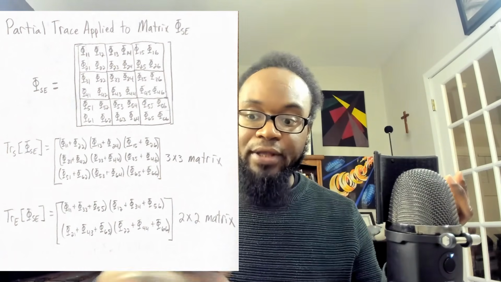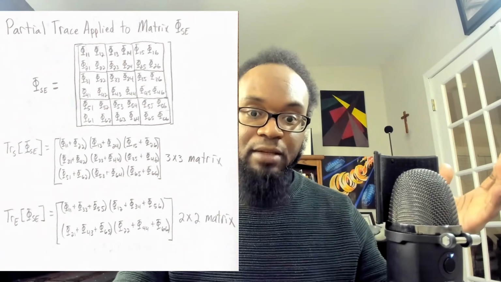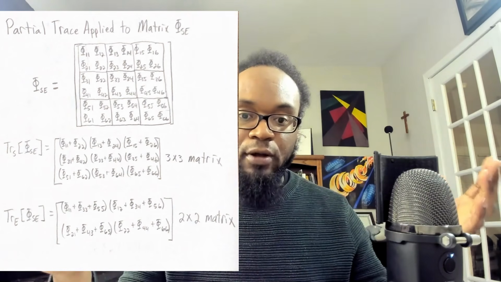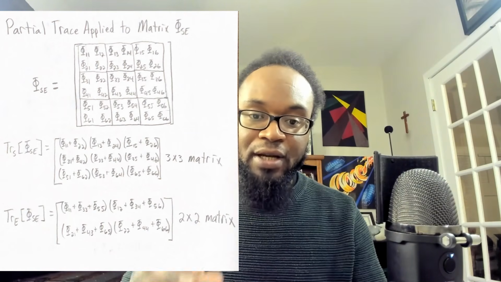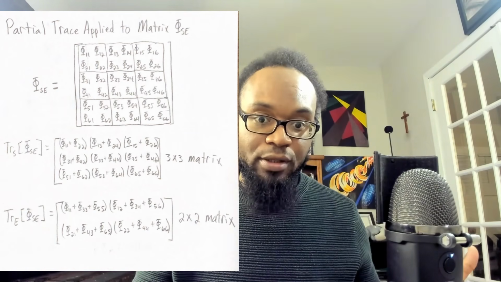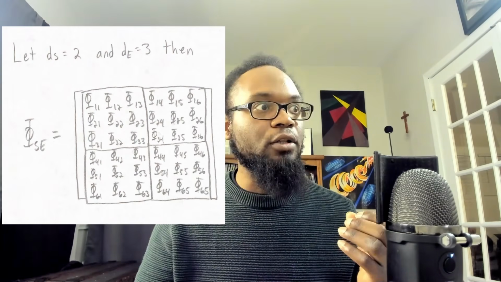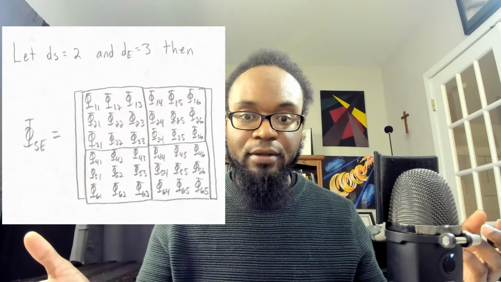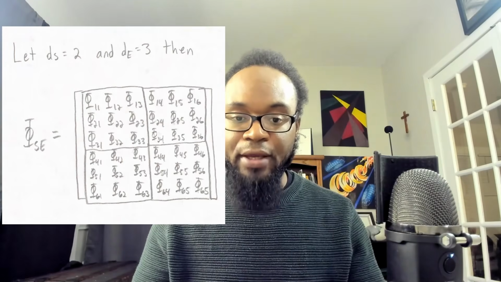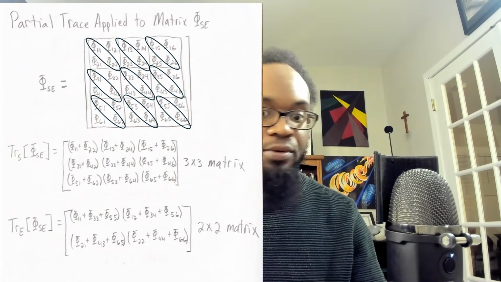In this case, because the dimension of the system is 3 and the dimension of the environment is 2, I break up this 6x6 matrix into 9 2x2 matrices. If it was the other way around, with a 2-dimensional system and a 3-dimensional environment, then you would break that into 4 3x3 matrices. That's just the mindless procedure that you do.